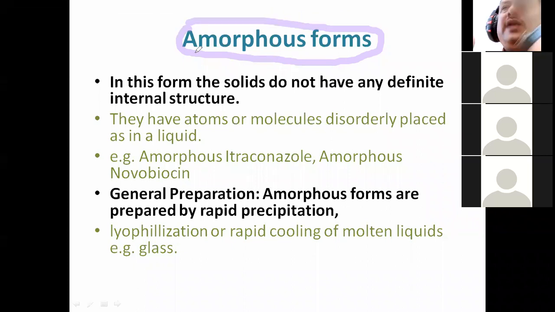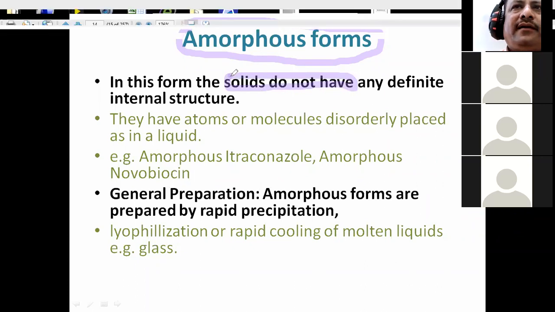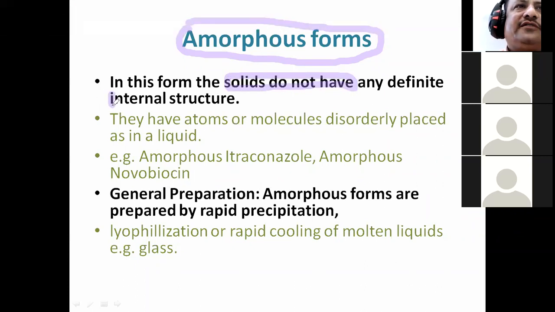Suppose we don't have any specific crystal lattice for the matter under investigation, then the solid will not have an internal structure. So in the amorphous form, what happens? The solid does not have any definite internal structure.